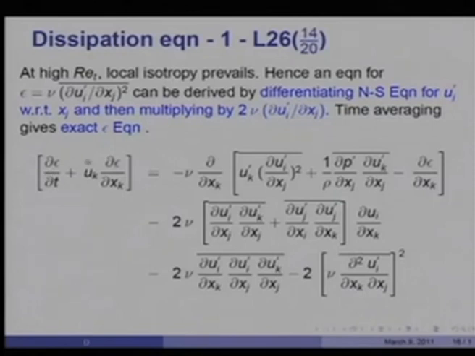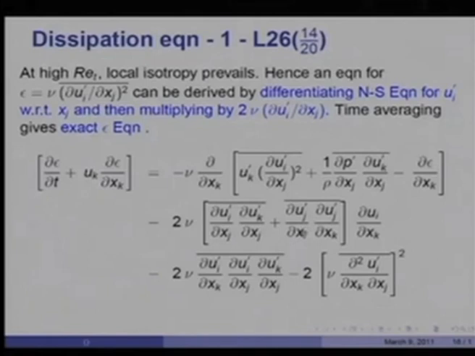It has a convection term, and then these two terms constitute diffusion of epsilon, firstly due to pressure gradient or the pressure fluctuations, and secondly due to the velocity fluctuation. This is the laminar diffusion. This is the production of epsilon.